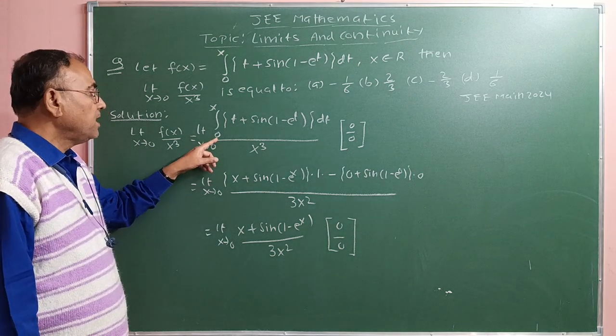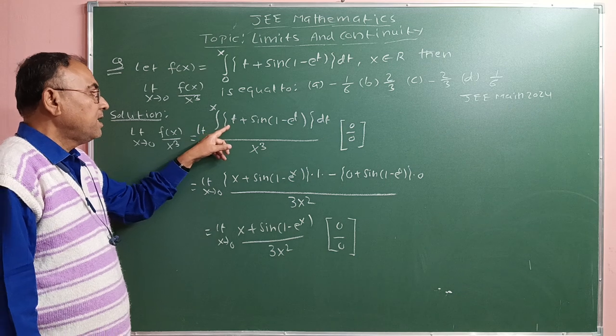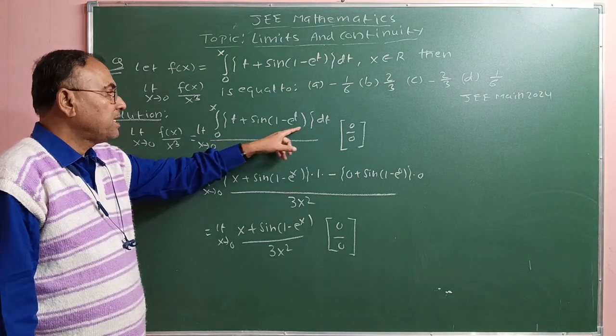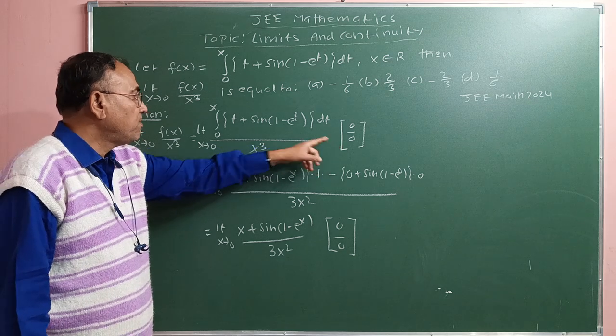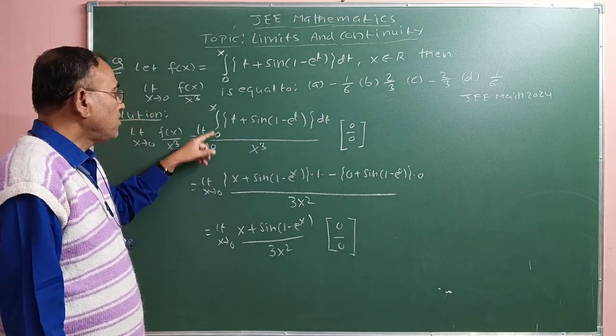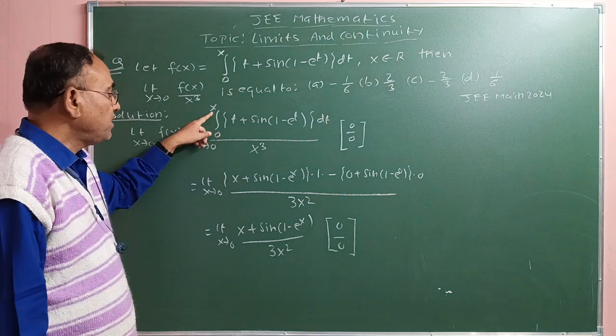Once again, limit x tends to 0 of f(x) upon x cube equals limit x tends to 0 of integral 0 to x of t plus sin(1 minus e^t) dt upon x cube. This is in the form of 0 by 0, because the 0 to 0 integral will be 0.